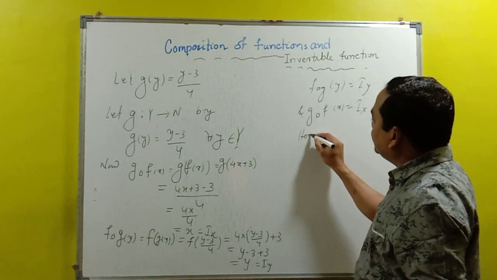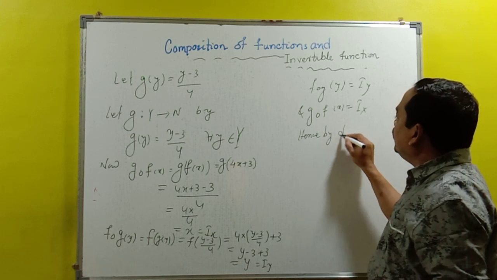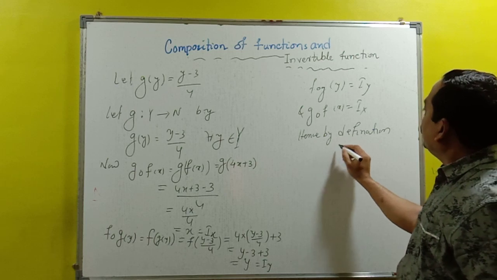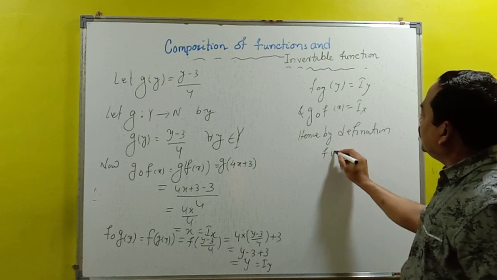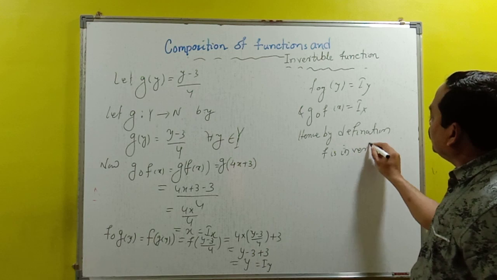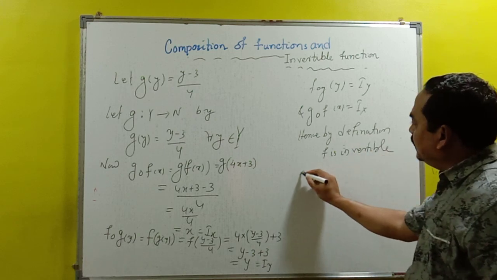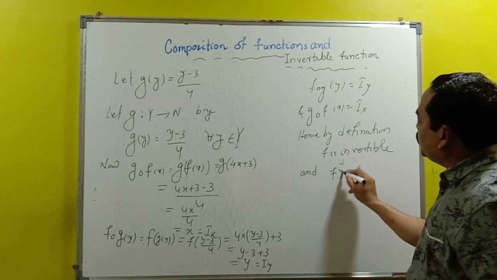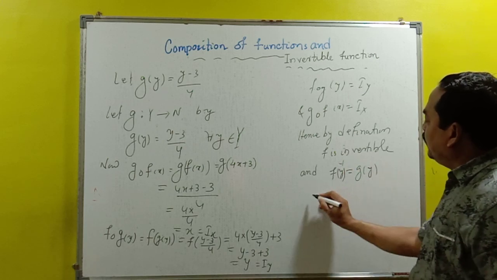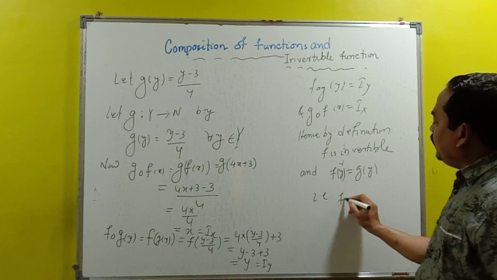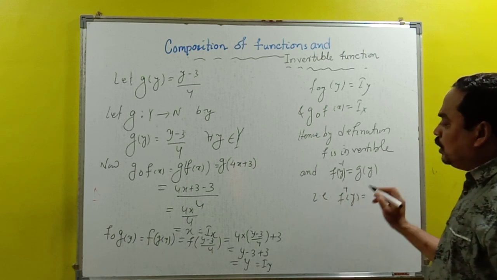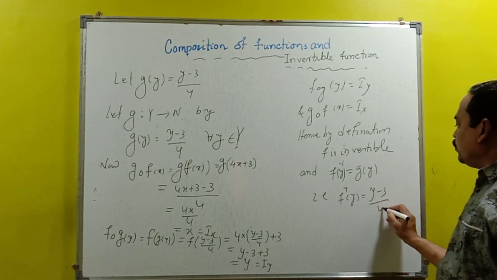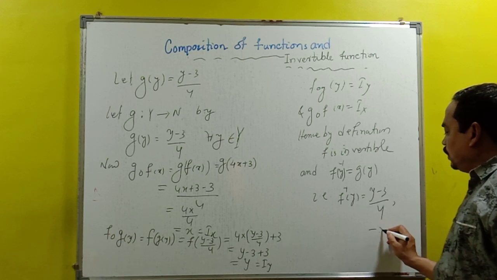Hence by definition f is invertible, and hence f inverse y is equal to g of y. What is the g of y? y minus 3/4. So this is your solution.